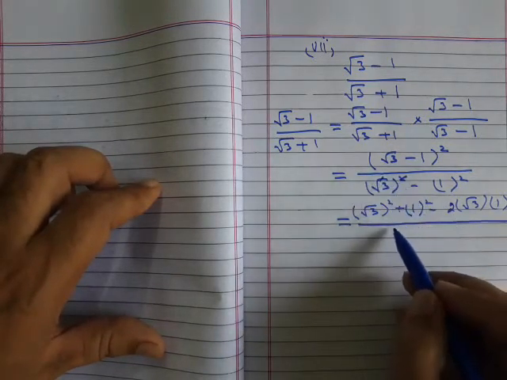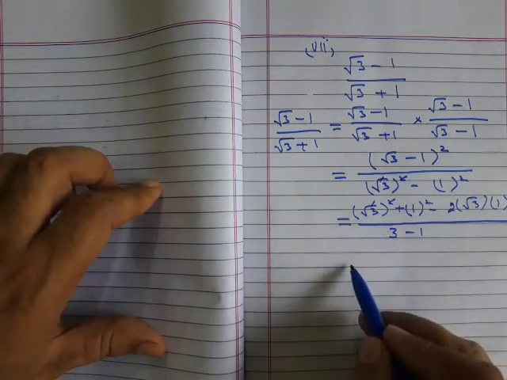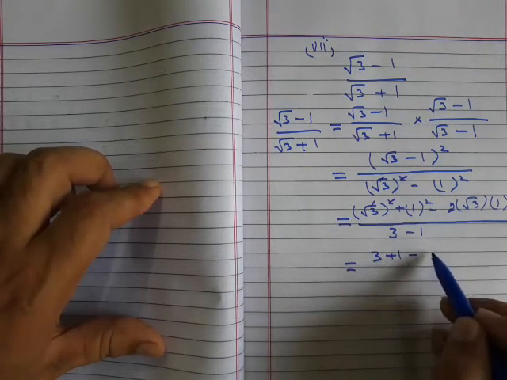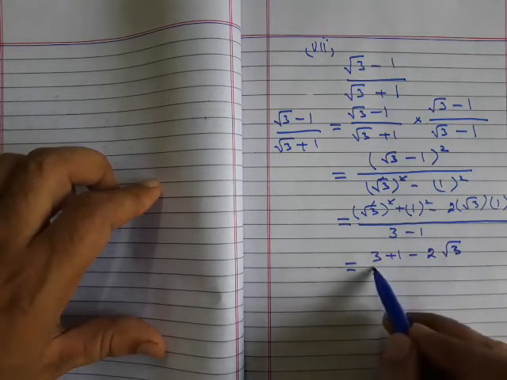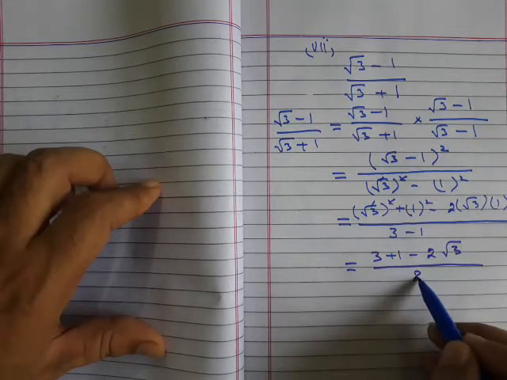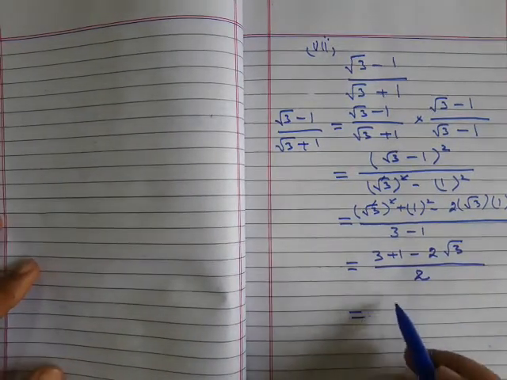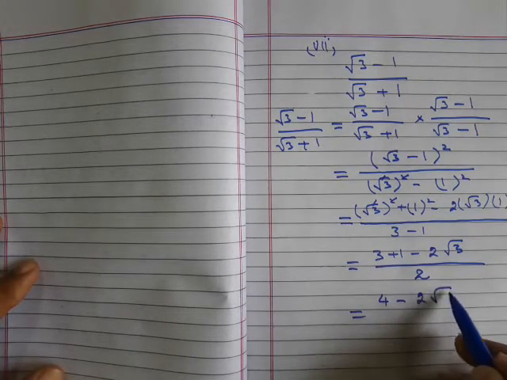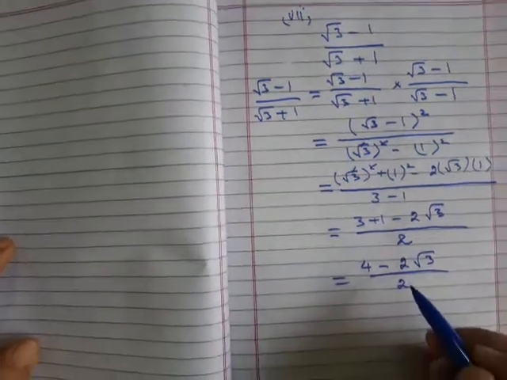this will be cancelled, 3 minus 1, this will be cancelled. It is equal to 3 plus 1 minus 2 under root 3 over 2. Now beta, 3 plus 1 is 4, 4 minus 2 under root 3 over 2.